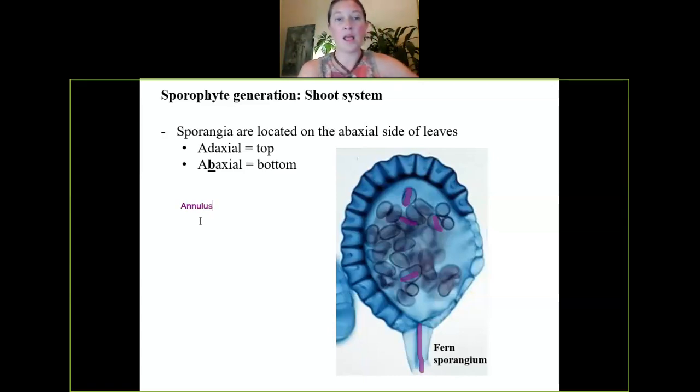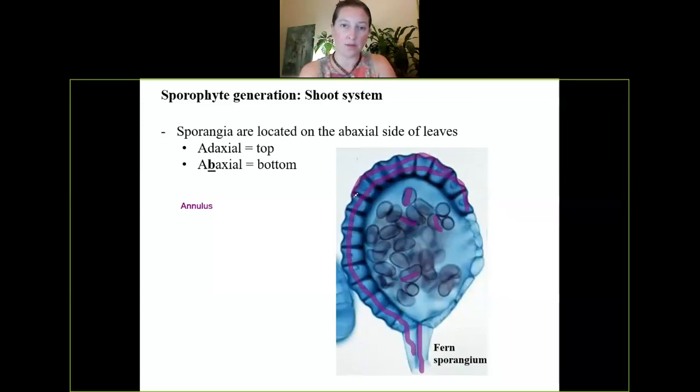Annulus. Annulus is a term that's in your lab, and annulus is a kind of ring-shaped cell structure. So it's a ring-shaped structure made of special cells. And here it is here. This is the ring-shaped structure made of special cells.